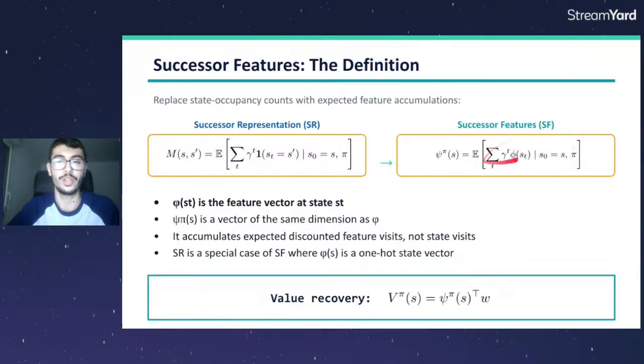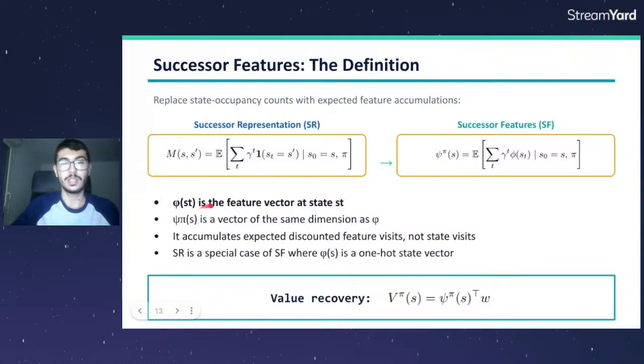So the successor features are even richer than successor representations. And as you can see, they are also independent of the reward function that we are trying to solve. So it only encodes the dynamics of the environment. Phi of S is the feature vector of state S, as we explained earlier.